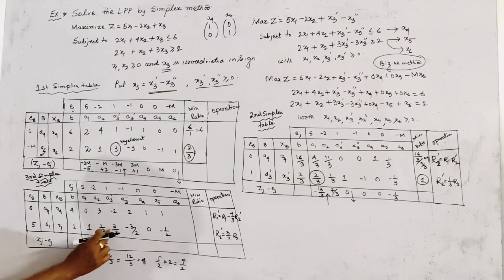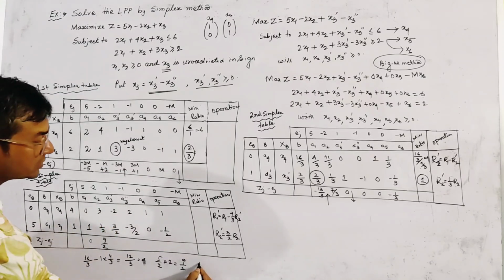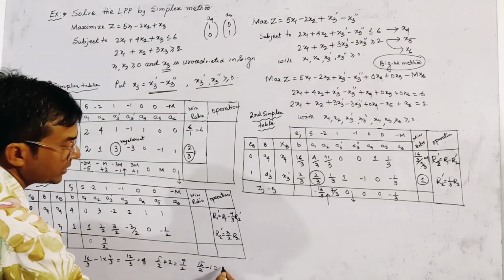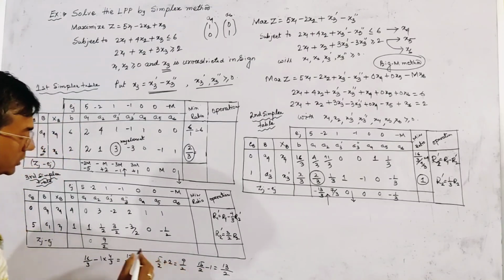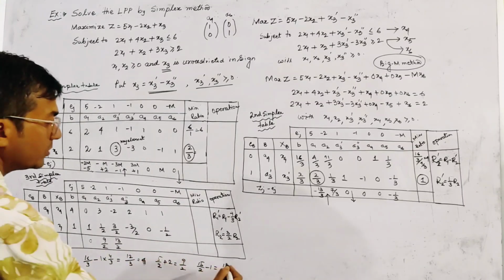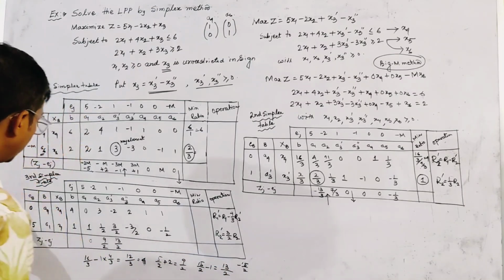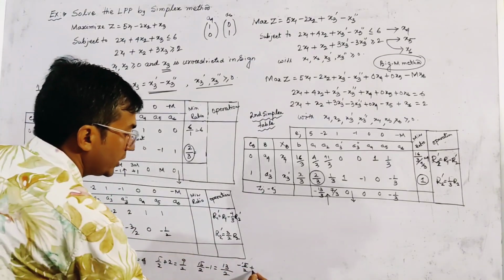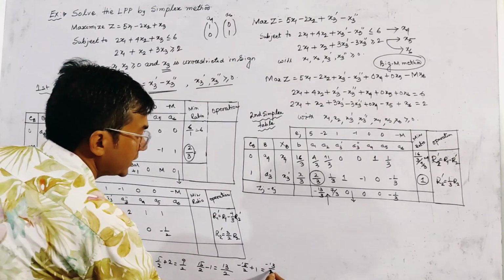5 into this. This is 15 by 2 minus 1. And this gives 13 by 2. This is 13 by 2. And this is given by minus 15 by 2, minus 15 by 2 plus 0 plus 1. Okay, so this is minus 13 by 2.